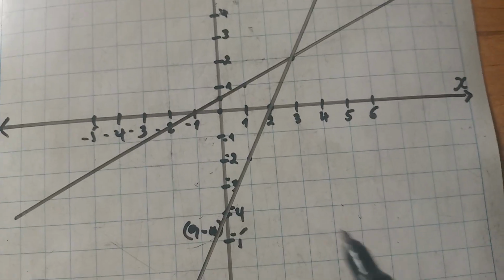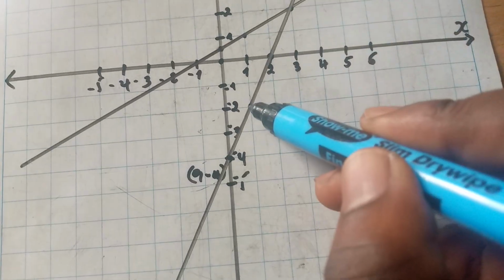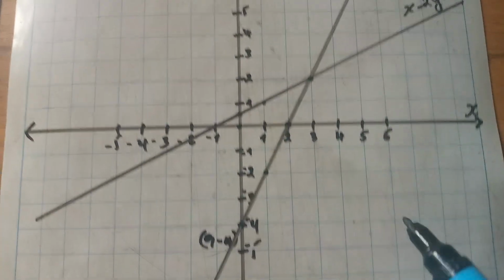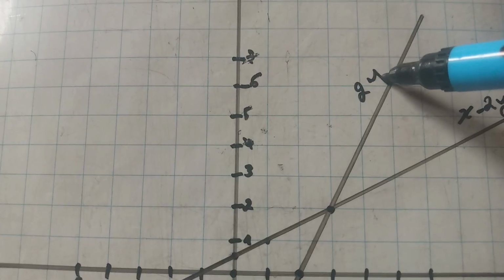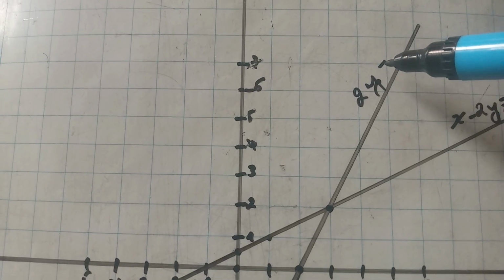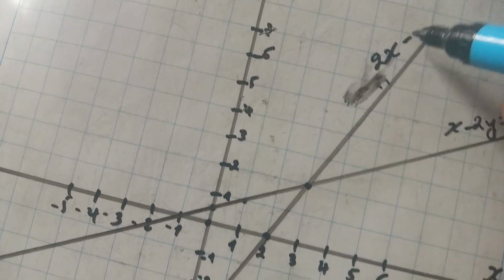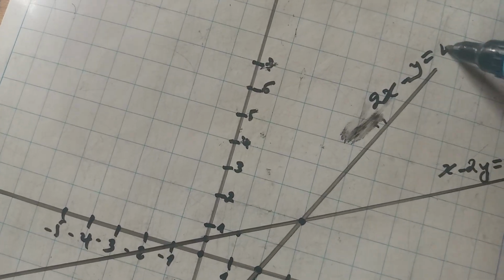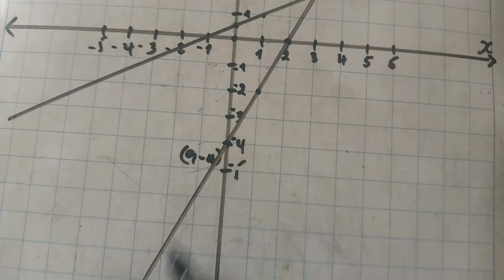You see, here we have joined the points by using a straight line. This is the graph of the equation 2x minus y, which is equal to 4. You see, we have 2 lines.